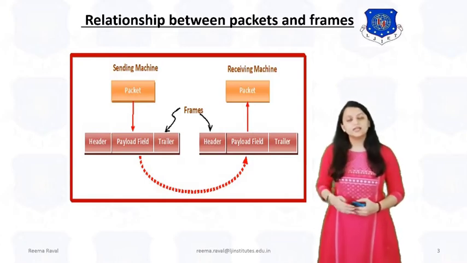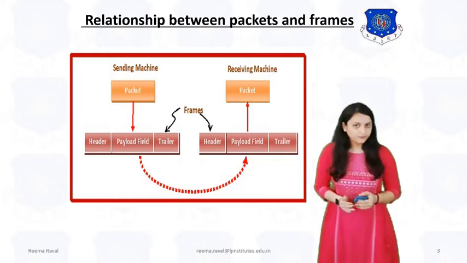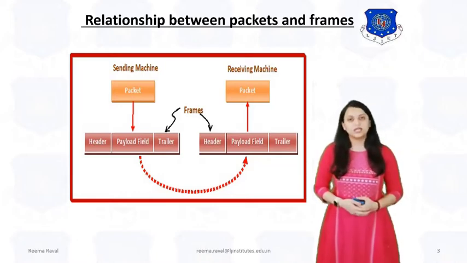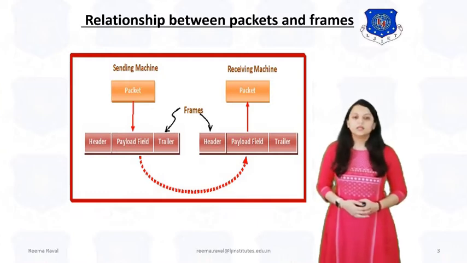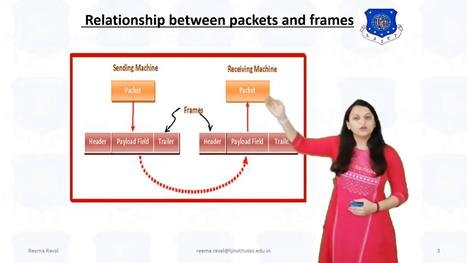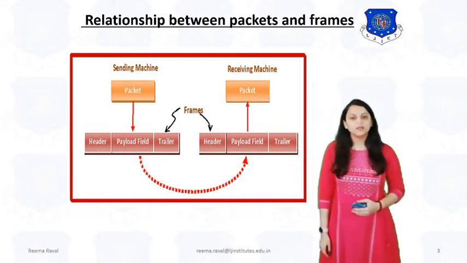The first field is the header field, next is the payload field, which generally carries the data, and the last one is the trailer field, which is generally for error correction or detection purposes. Now these frames are transferred between the sending machine and the receiving machine in terms of packets.